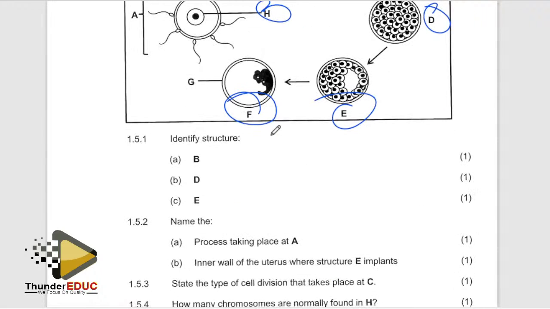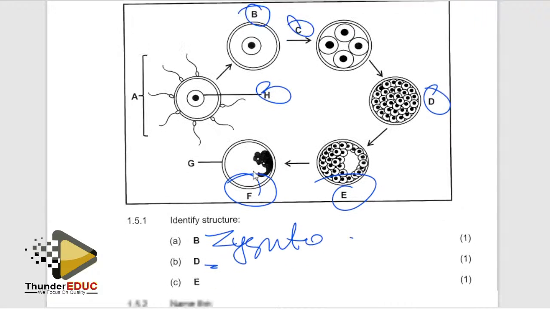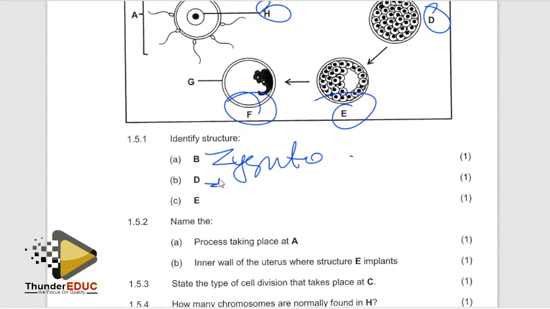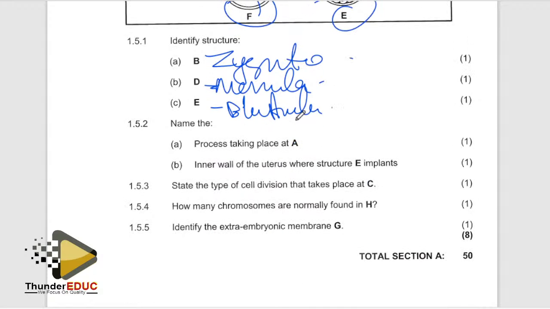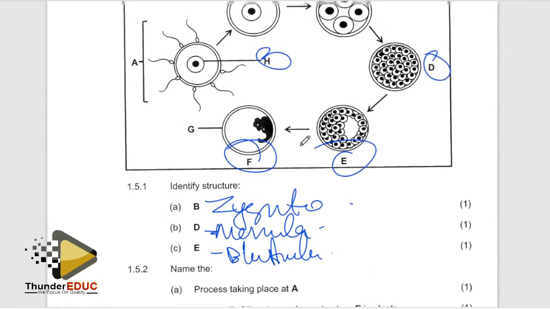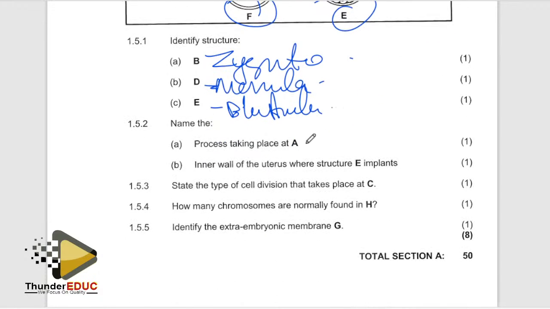B is zygote, and then D is morula. And then E is a hollow ball of cells, which is blastula or blastocyst. It's fine as long as the spelling is correct. Name the process taking place at A, that is fertilization.